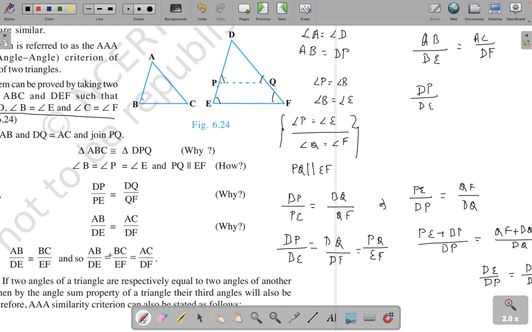And then previously we have seen that if all three angles are equal and all sides are proportional, then the triangles are similar. So you were given that A, B and C are equal to D, E and F respectively. So using that you prove that this ratio is also equal, right? So both the criteria are met and now you can say both triangles are similar.